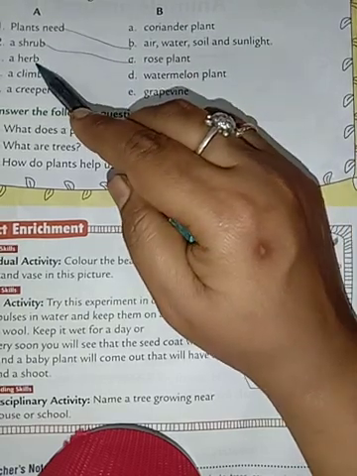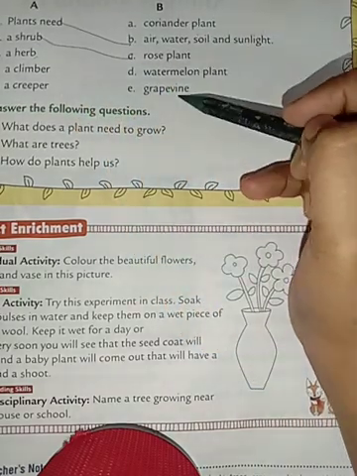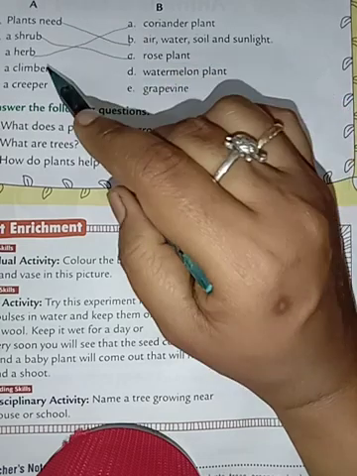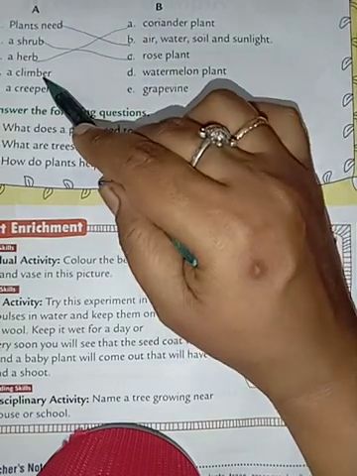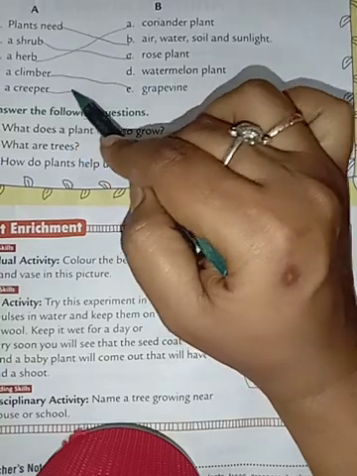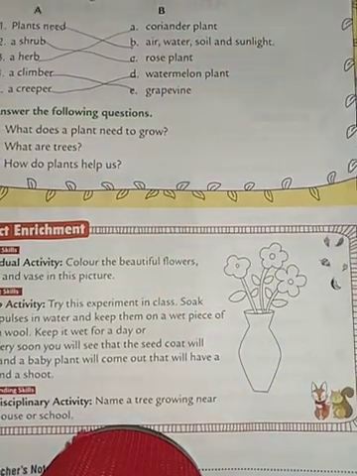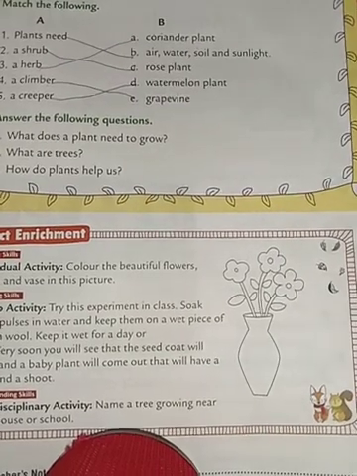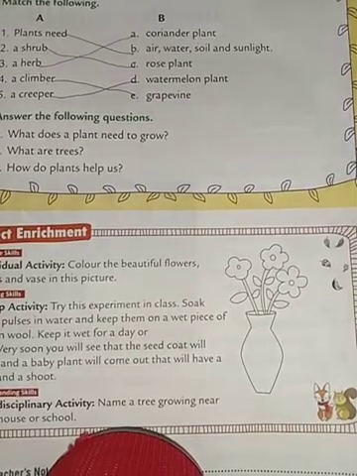Now herb. Which is the herb in this? Coriander plant is a herb. Climber. Which is the climber? Grapevine is the climber. And creeper is the watermelon plant. So like this way you all have to match it to the correct explanation.